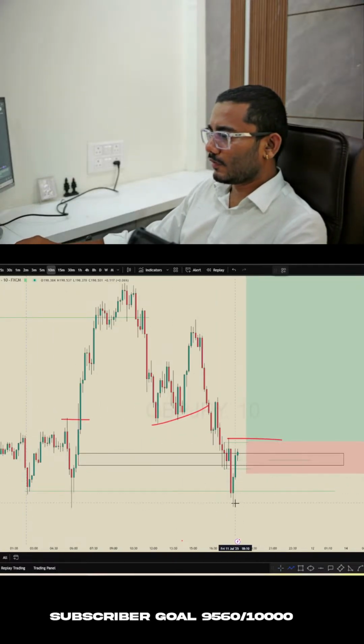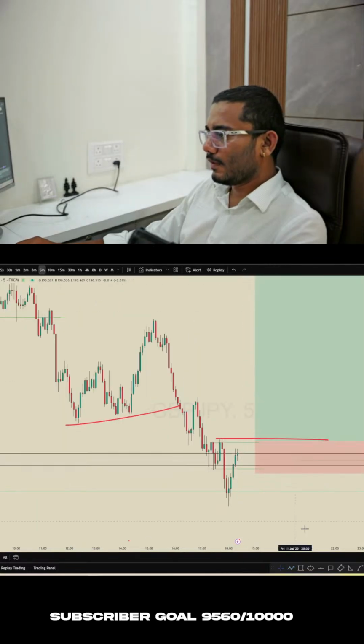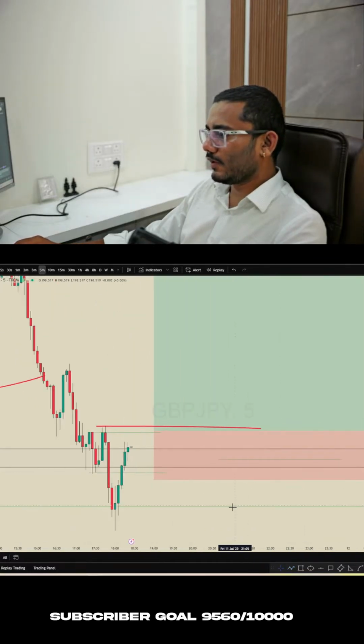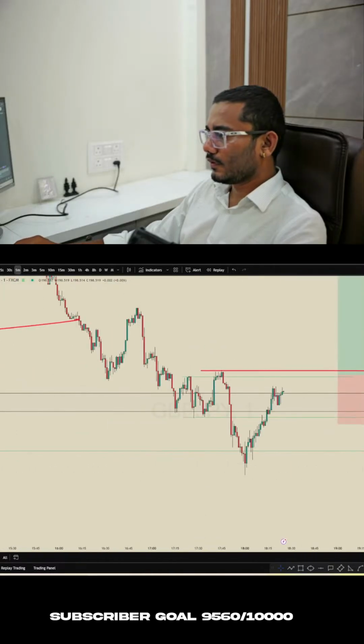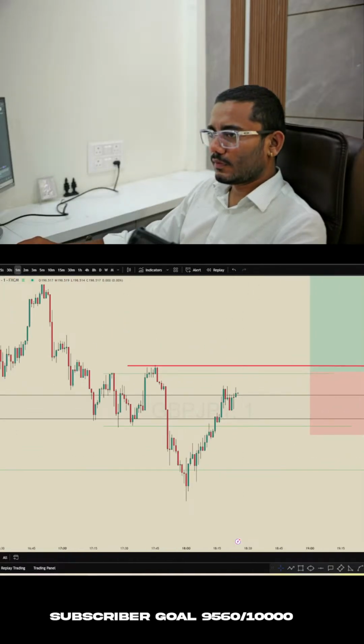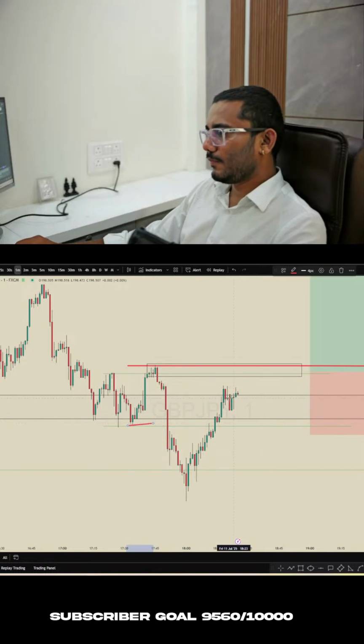For example, if price breaks this, we will see a breaker block in action. Price will create a breaker block at this area because price has created this order block which broke the structure to the downside, and because of that price will break this previous structure.